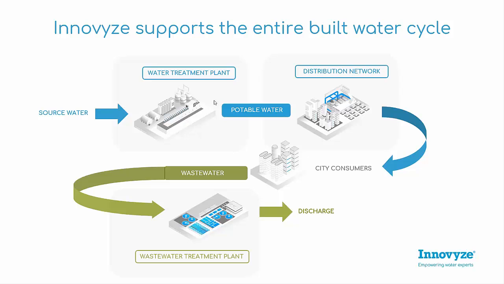It's a meandering diagram that runs from top left down to bottom right. From the source of clean water, we have artificial intelligence that helps the water companies to optimize the energy and the chemical dosing on their water treatment plants whilst maintaining water quality.